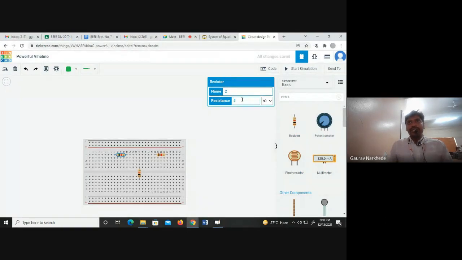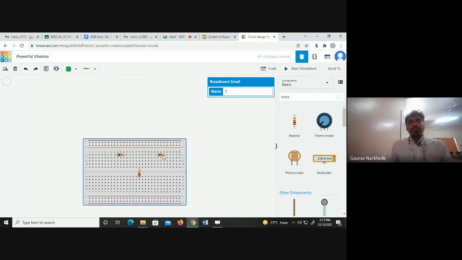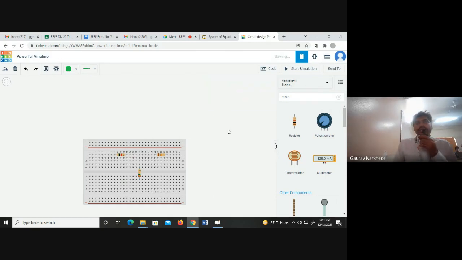This is 5, R1. This is 10, R2, and this is 15, R3, correct? And then I need a power supply.